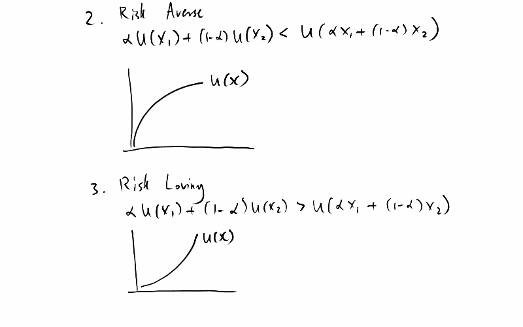Now, in finance, almost always you assume people are risk averse. A lot of financial theories would make no sense if you assumed otherwise. Traditionally, risk-loving behavior is used to describe someone like a gambler.